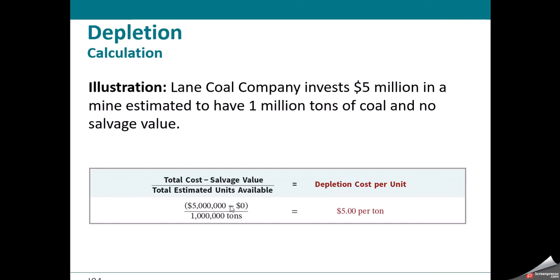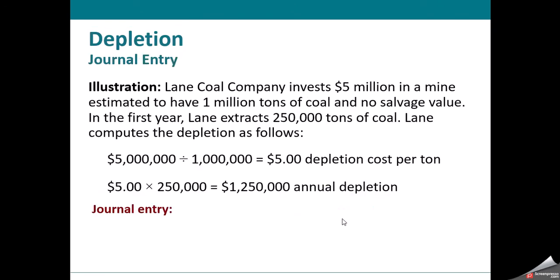So you take the 5 million, divide it by the million tons of coal they expect to get. They're going to charge out $5 per ton. So here, if we extract 250,000 tons of coal that year, our depletion expense is going to be 1,250,000.